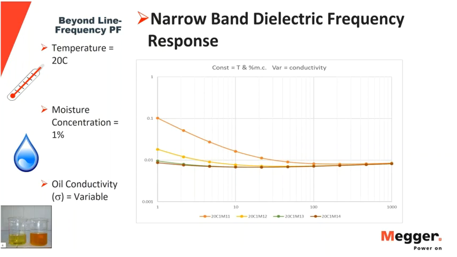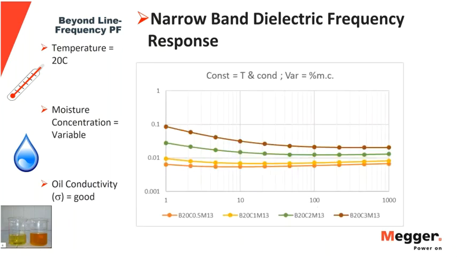With oil conductivity varying, you can see that at these lower frequencies is where oil conductivity really starts to influence the results. And of course, the one on the top has the highest level of oil conductivity of the batch.